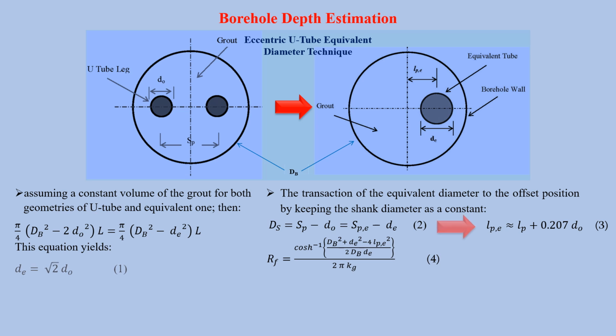Then we may calculate R sub F in the form of equation 4, which has been already mentioned in the previous episodes and can be found in textbooks such as Holman, that is heat transfer, and even in the reference of the present model, you may find this equation as well.